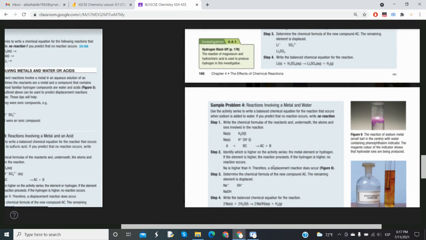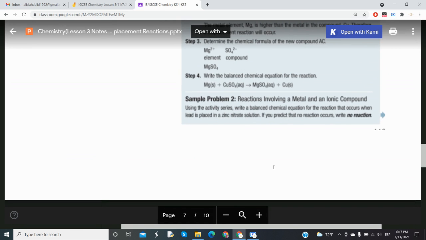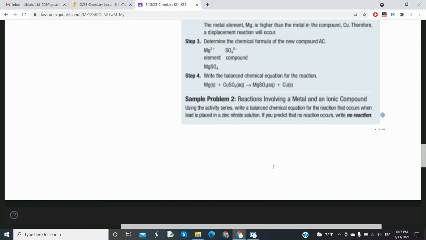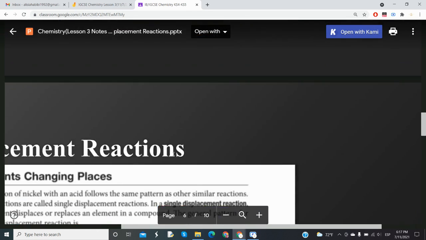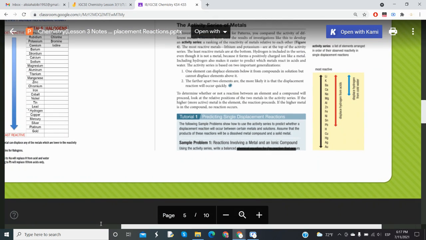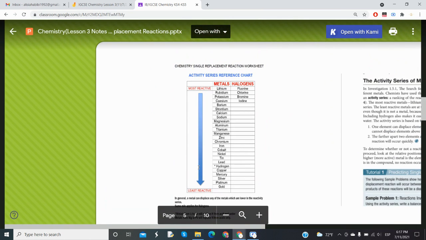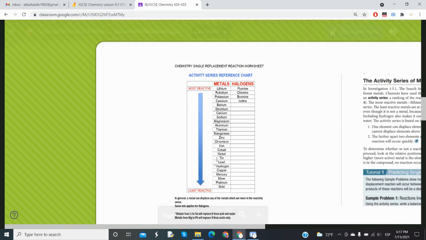I haven't included that part of the chemical reaction of lead in a zinc nitrate solution, which of course is Zn(NO3)2. But again, if you go to the activity series, you should be able to determine which one is going to displace. If lead is reacting with zinc nitrate, you need to see that lead actually comes under zinc. Therefore, there would be no reaction, since lead is under zinc.